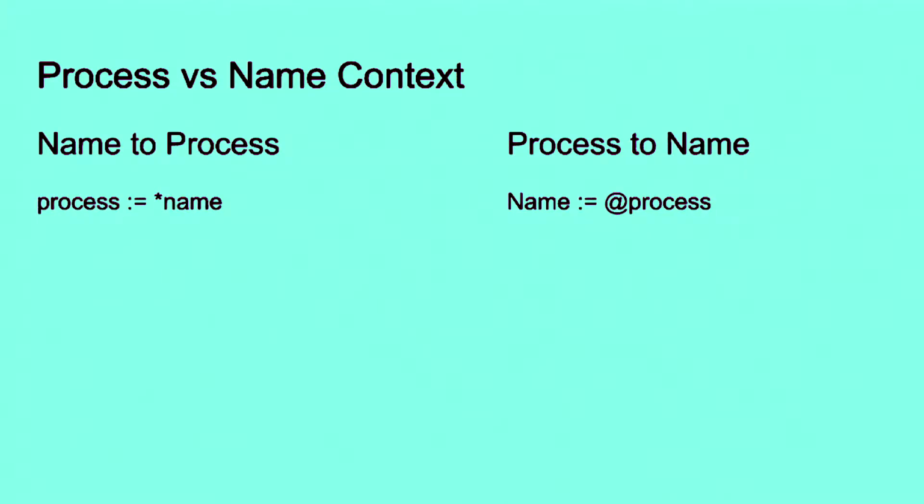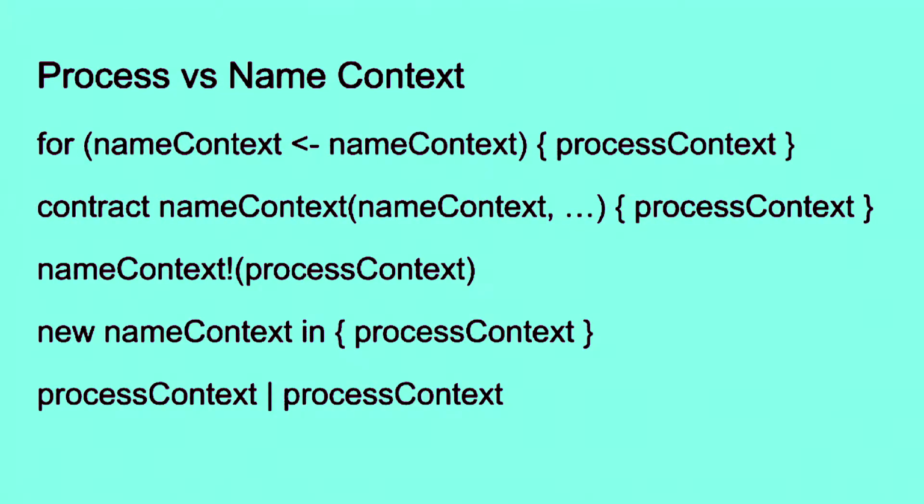And so just to make sure, this is somewhat review if you were in Kyle's presentation earlier, but here are the various places where you would expect a name context versus a process. You want to listen on a name for a name, and then the continuation's a process.